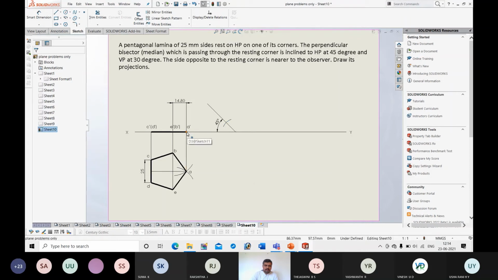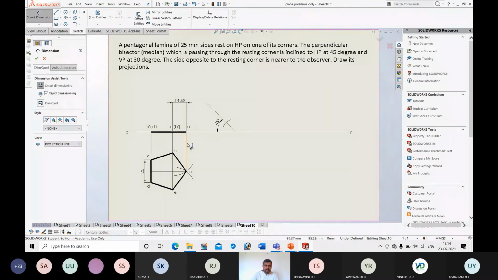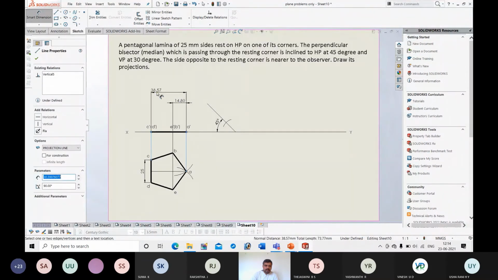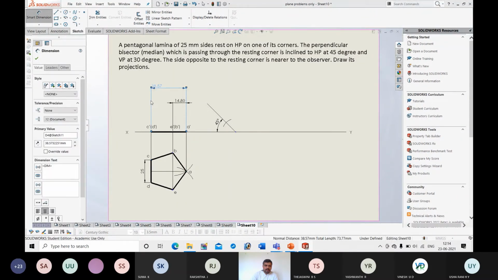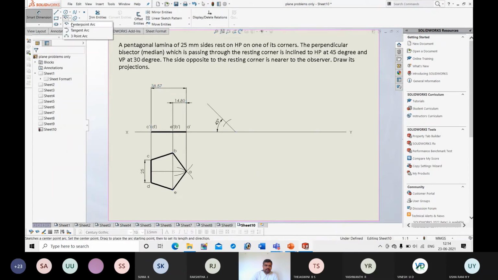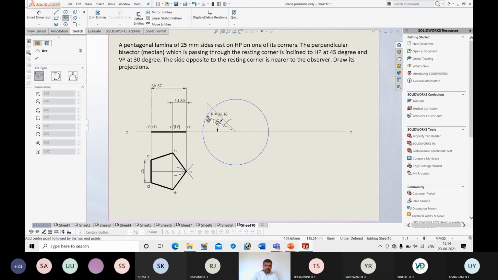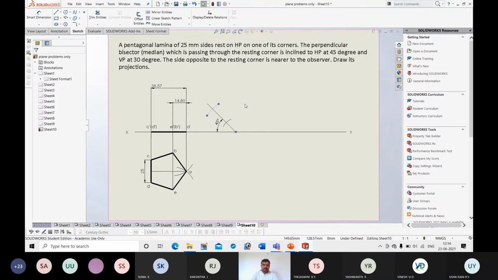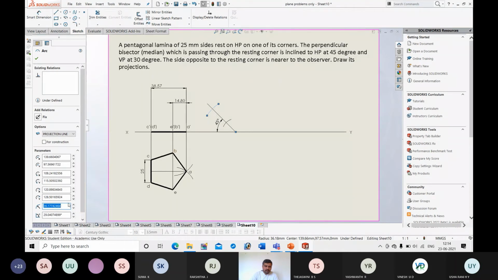Next, the radial distance between A dash and C dash. Okay, this is 38.57.